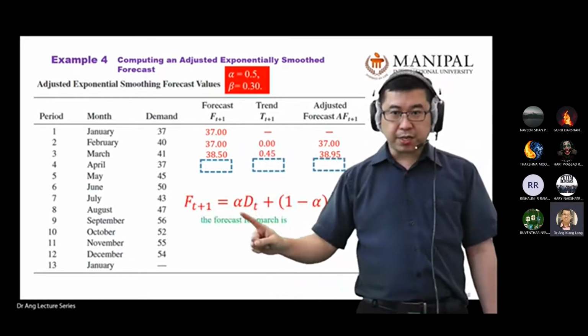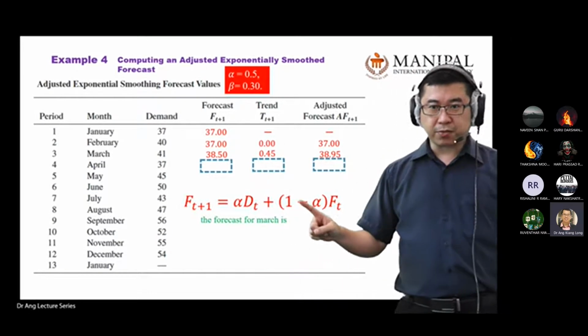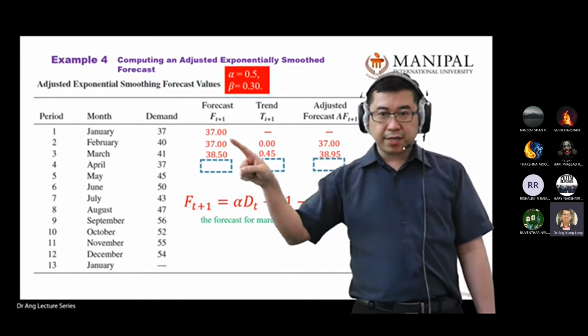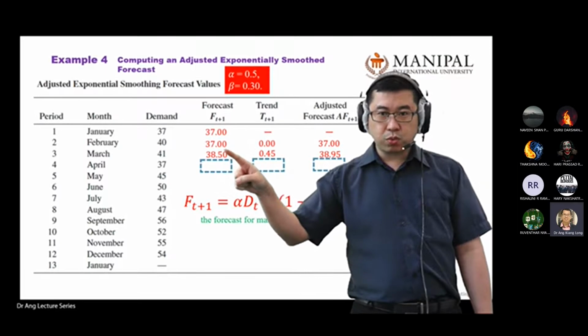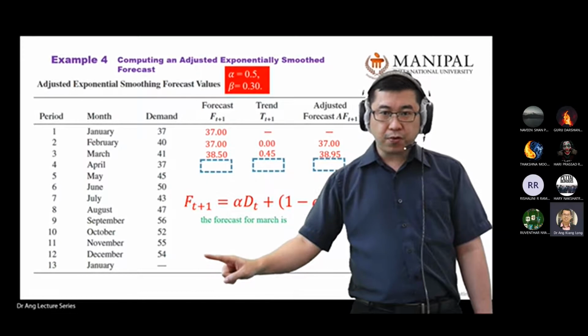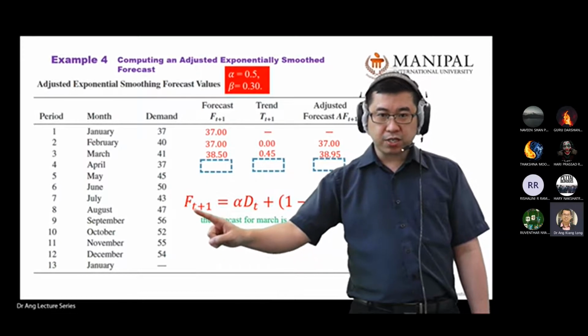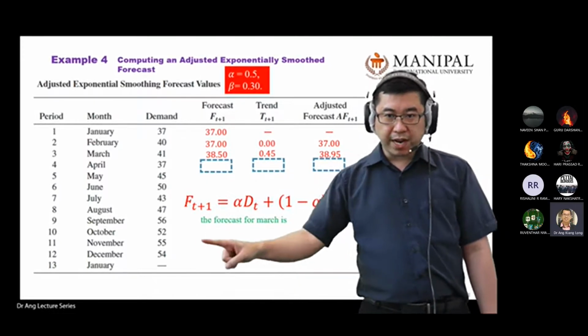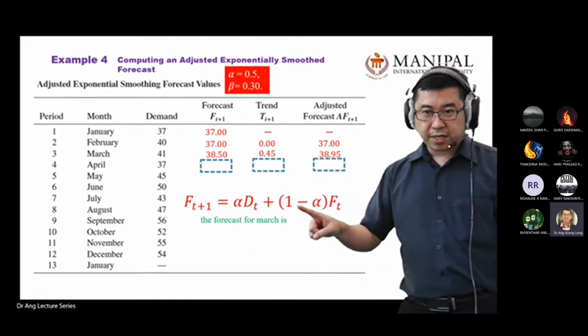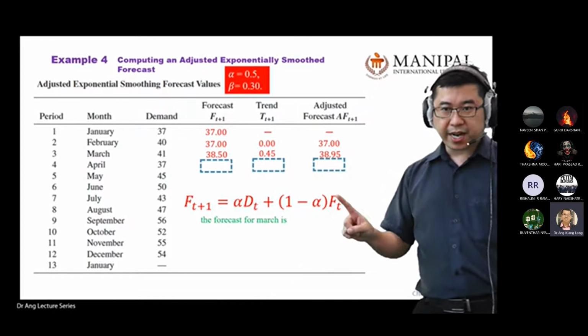So F(t+1) equal to alpha D(t) plus 1 minus alpha F(t). This is F1, 2, 3, 4. This is F4. So F4, what is your t? T is 3. So F4 equal to alpha D3 plus 1 minus alpha F3.